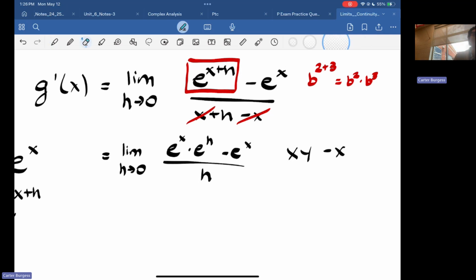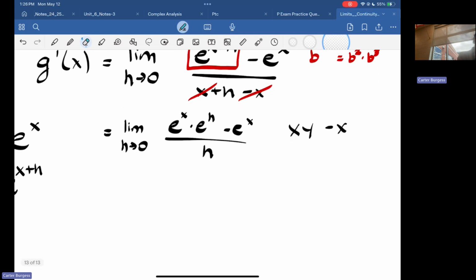If I can't cancel, well, I'm not going to be able to get that to combine super nicely. So notice in this case, we have two things, both being multiplied by e to the x.